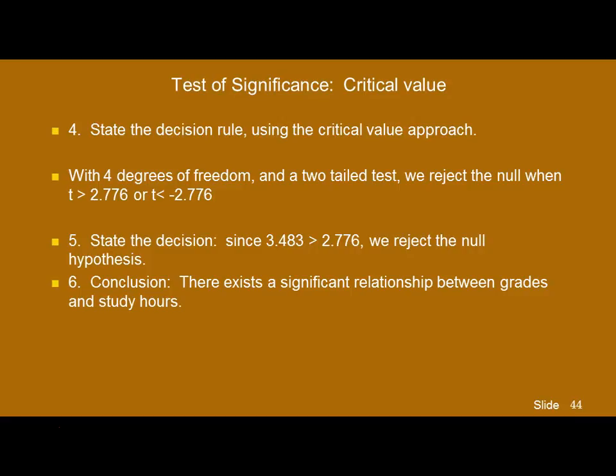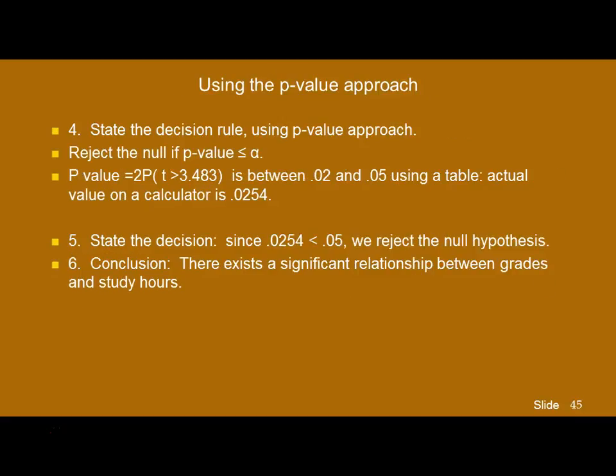If we wanted instead to use the p-value approach, remember our decision rule, as always, in the p-value approach is to reject the null if the p-value is less than alpha. Since it's a two-sided test, you have to take the probability that t is above your calculated t of 3.48 and double it for the other side.